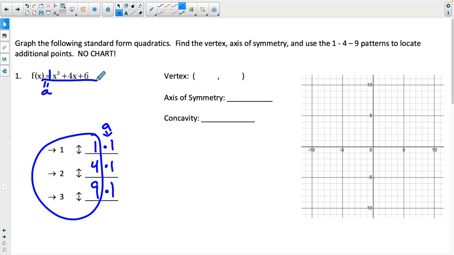That's how I know you all have it. Awesome. Thank you. So x equals negative b divided by 2a. That tells me my axis of symmetry, and it's telling me the x-coordinate of that vertex. So let's calculate it.